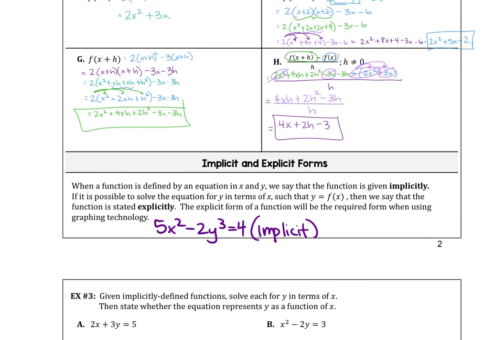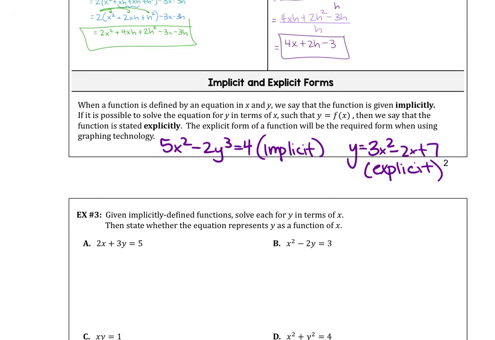But when you get y by itself, so y equals 3x squared minus 2x plus 7, that is explicit because the y is by itself.